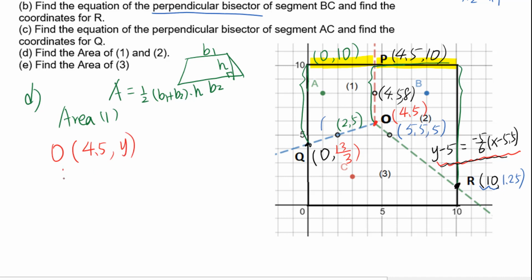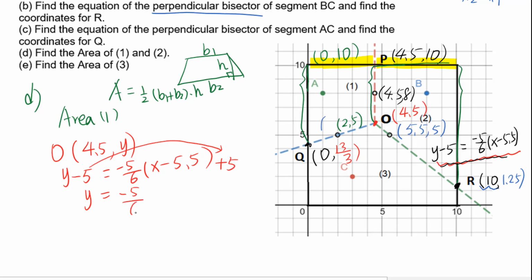Then this Y minus 5 equals -5/6 times (X minus 5.5). So we will get Y equals, cross the river, change the sign, plus 5. You will get -5/6 times (X minus 5.5) plus 5.